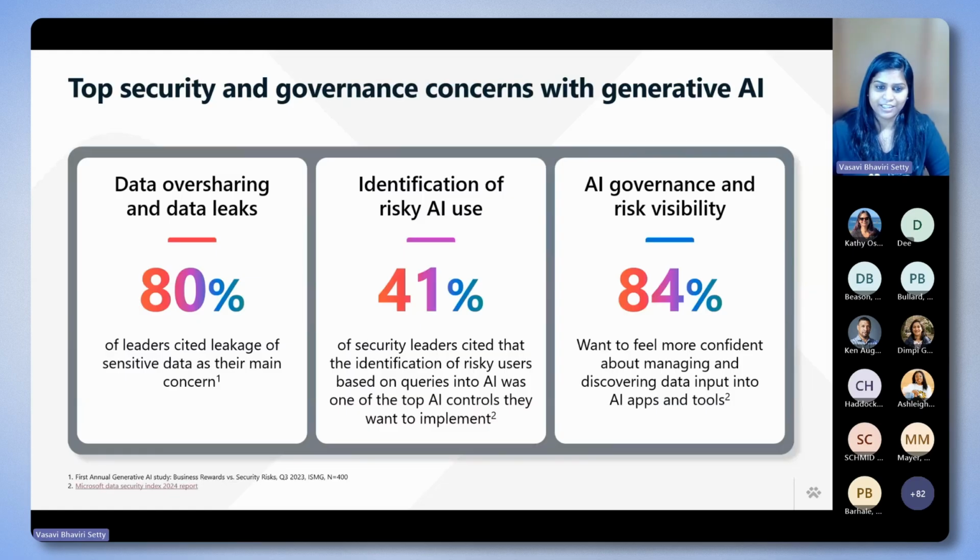Similarly, these leaders are asking how they can identify risky use of AI, such as somebody querying continuously for sensitive data. And on top of that, one of the key asks is, how can you get visibility into AI governance and risk? How do you monitor and manage the inputs into these AI tools, what responses are generated, and how they are all aligned with your organization's policies?